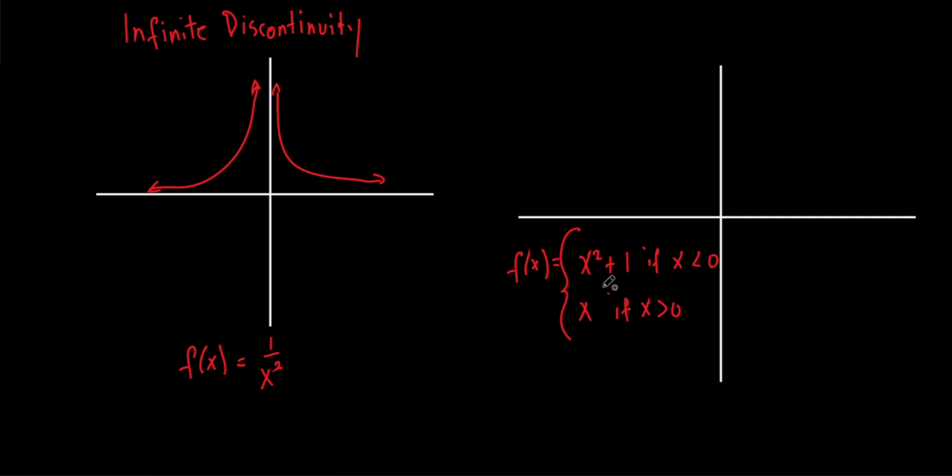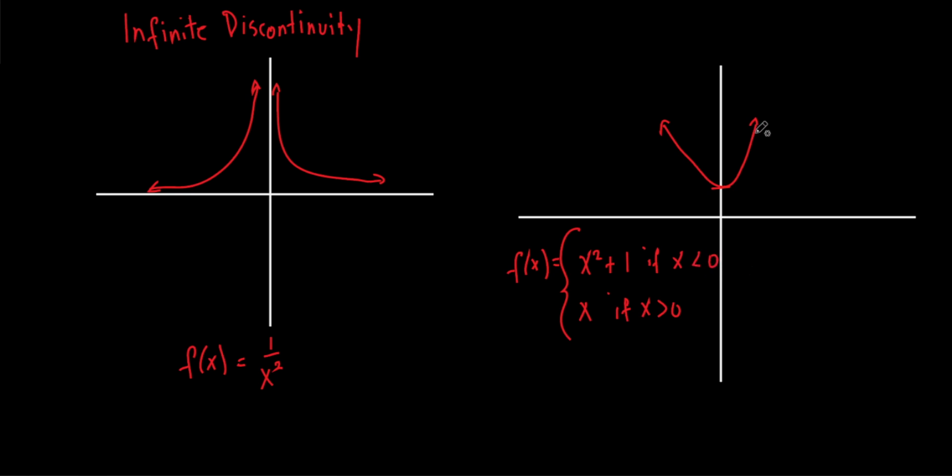So how in the world would you graph this? Well, x squared plus 1. How would I graph y equals x squared plus 1? Well, you know it's a parabola, correct? But it starts at 1, all right? But the problem is I can't draw that whole parabola because it says if what? If x is less than 0.